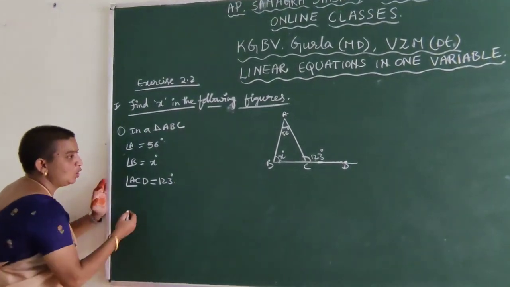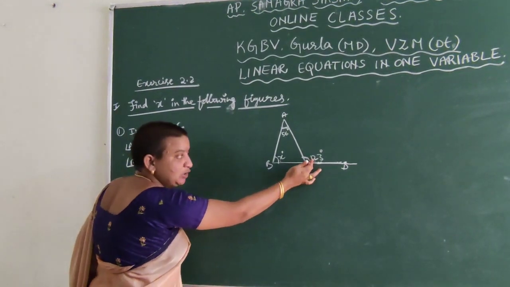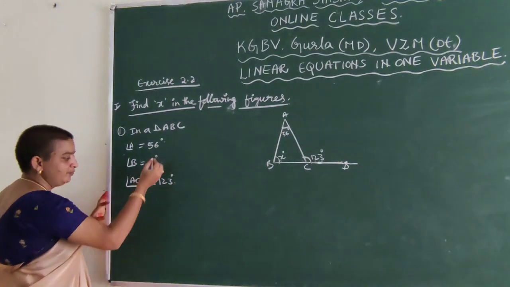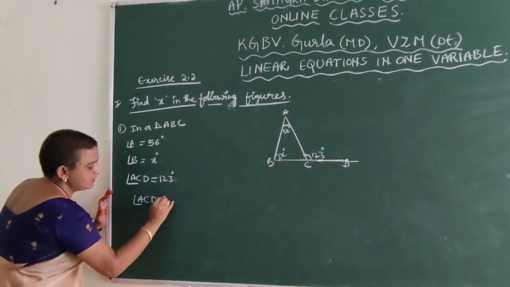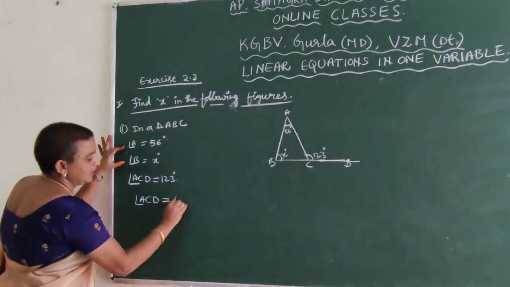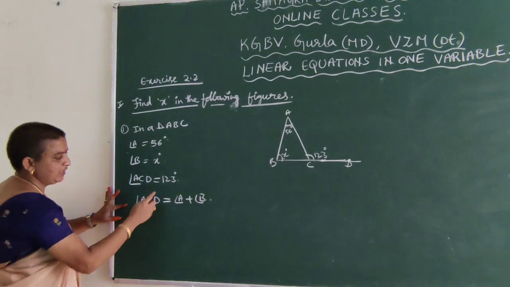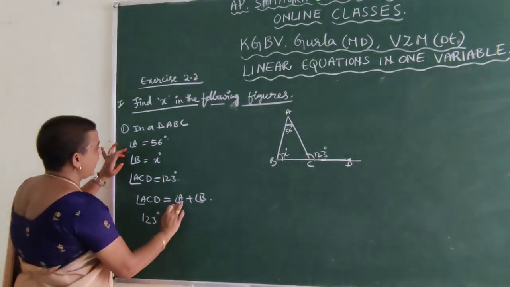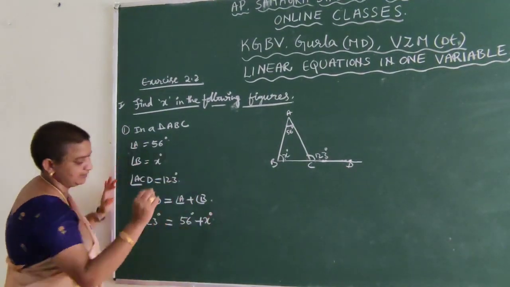So we can write that the exterior angle is equal to the sum of the two opposite interior angles. That means angle ACD is equal to angle A plus angle B. That means 123 degrees is equal to angle A, 56 degrees, plus x degrees.